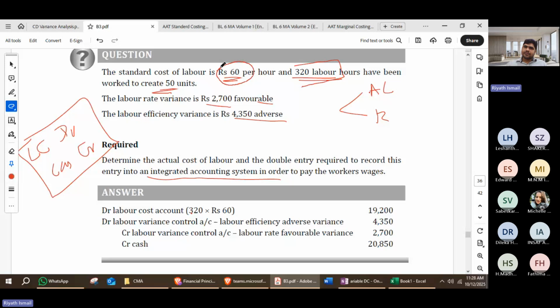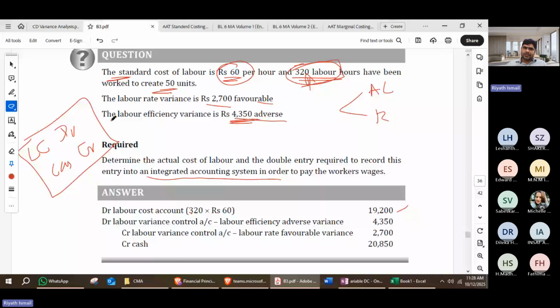Per hour 60 rupees. They worked 320 hours according to the standard. So therefore, the total standard cost is 19,200.